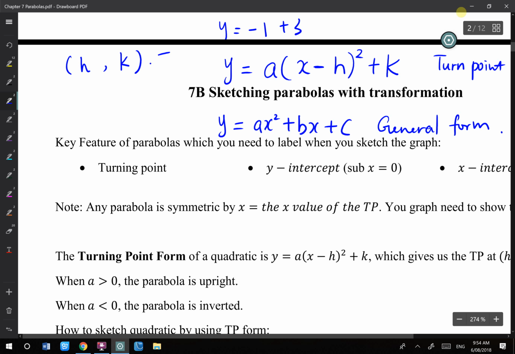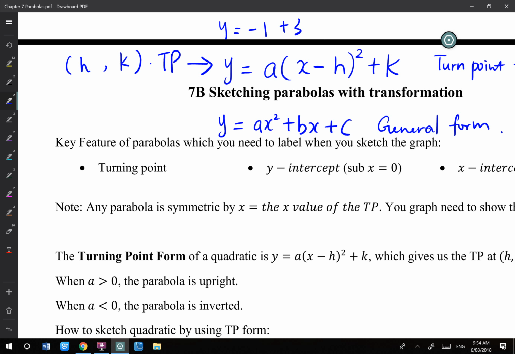It is x minus h, plus k. So h is the x value of the turning point and k is the y value of the turning point. That's why it's very, very useful.